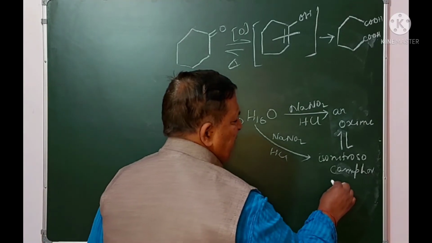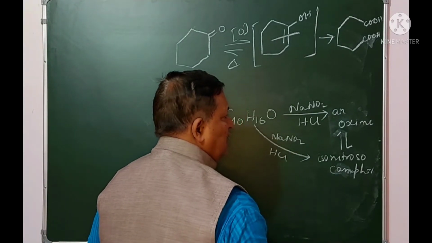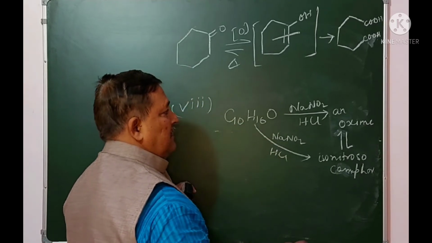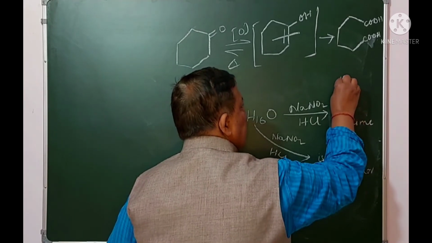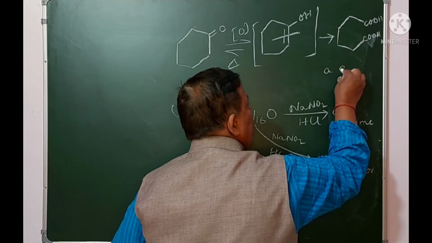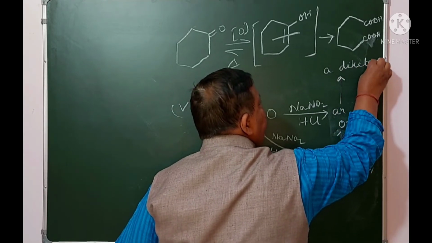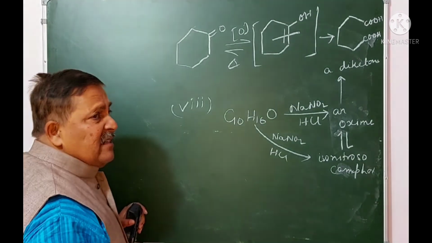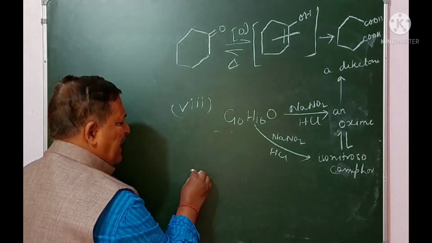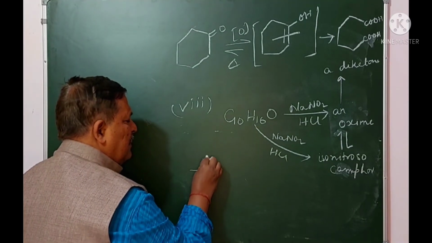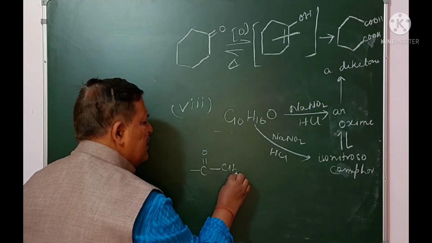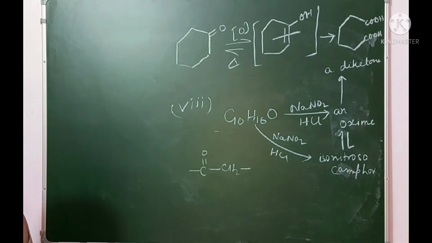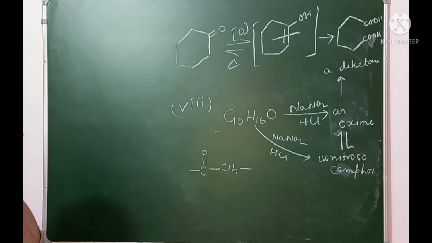This iso-nitroso camphor, when tautomerized into oxime, can give a diketone. This reaction is characteristic of a compound in which ketone group is attached with a CH2 unit.